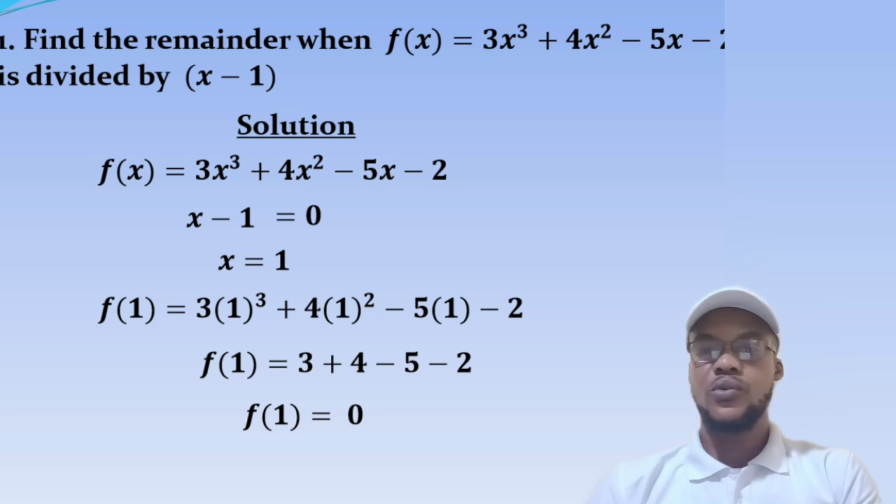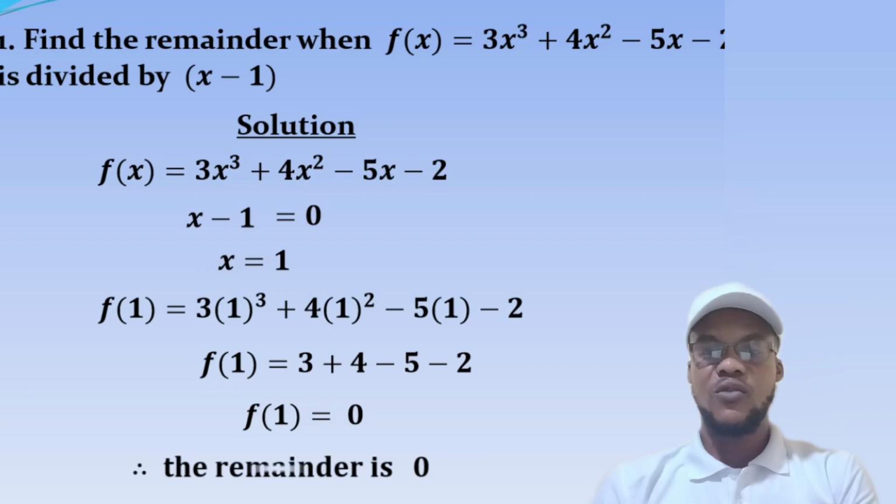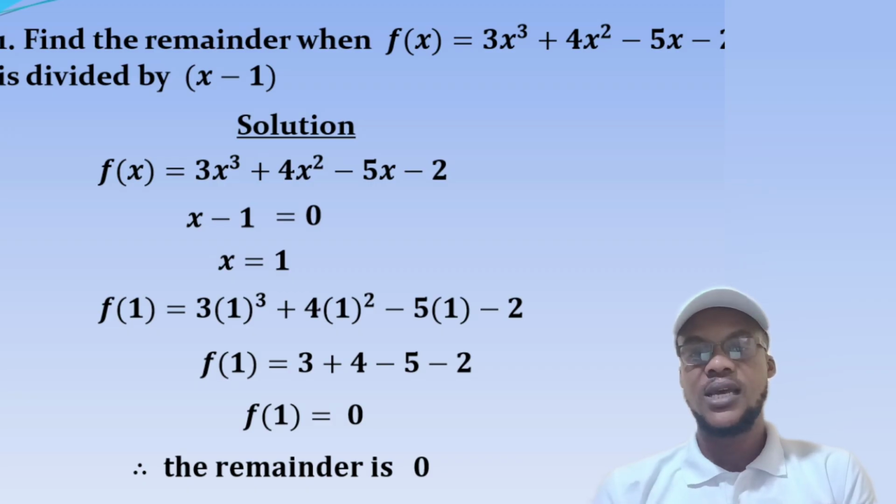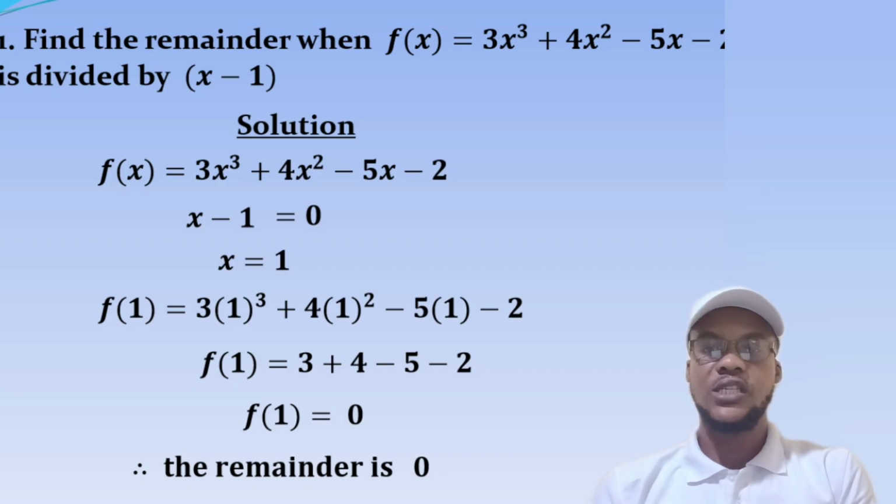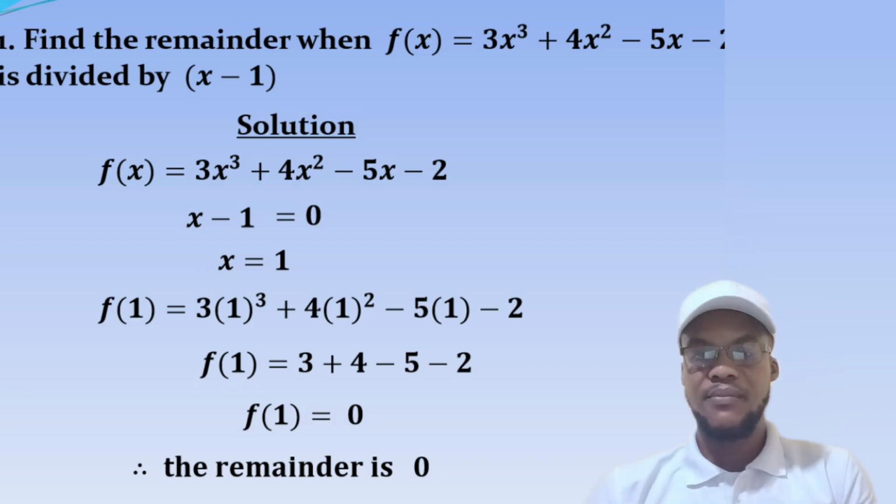So we've gotten 0. Once we've gotten 0, we can conclude that the remainder is 0, because that is what is left when you substitute the value of x, which is 1. That 0 you have gotten becomes your remainder.